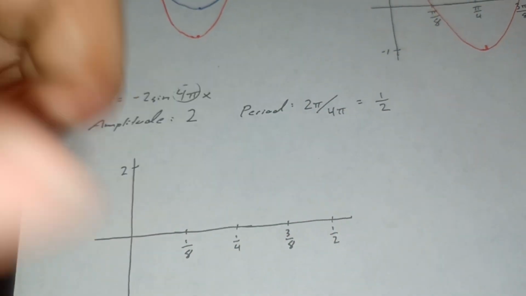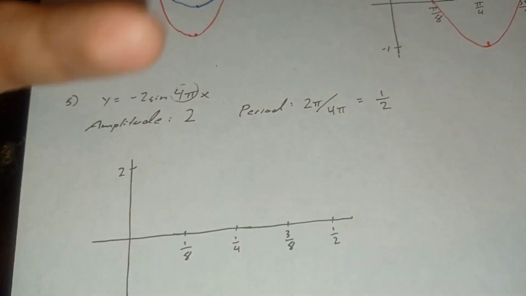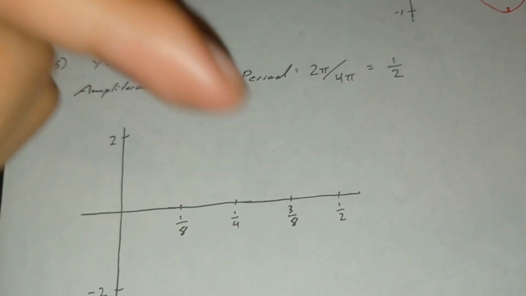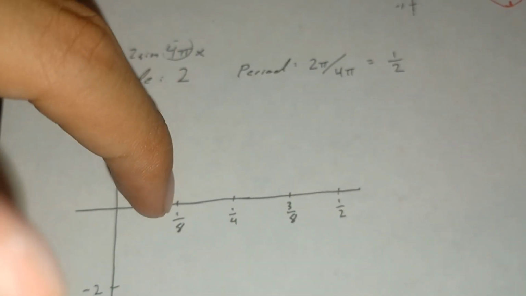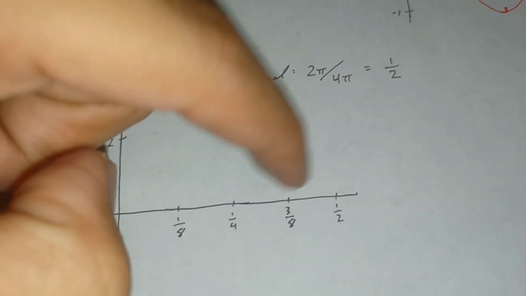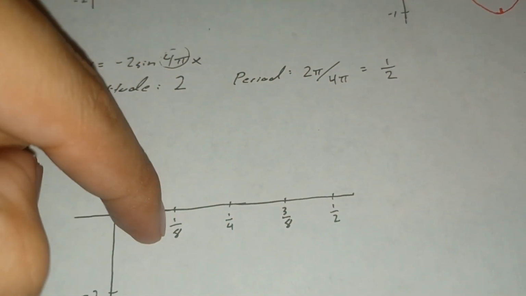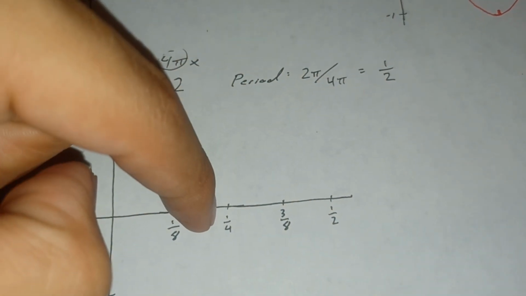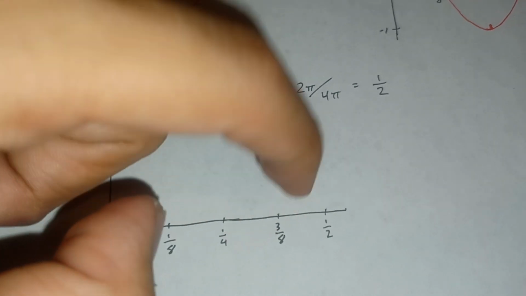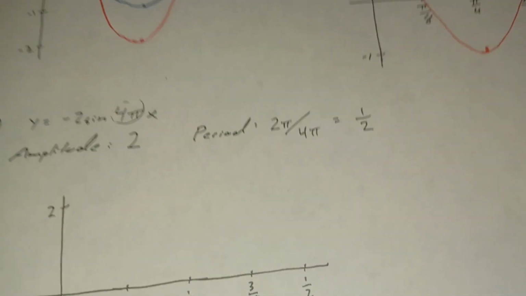So 1/2 is going to be our endpoint, basically where our period ends. Again, 1/2 divided by 2 is 1 over 4. 1 over 4 divided by 2 is 1 over 8. And from then on, we're just increasing by increments of 1 over 8. So 1 over 8 plus 1 over 8 is 1 over 4. 1 over 4 plus 1 over 8 is 3 over 8. And 3 over 8 plus 1 over 8 is 1 over 2. So 1/2.